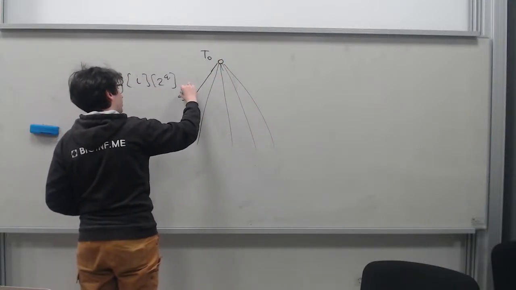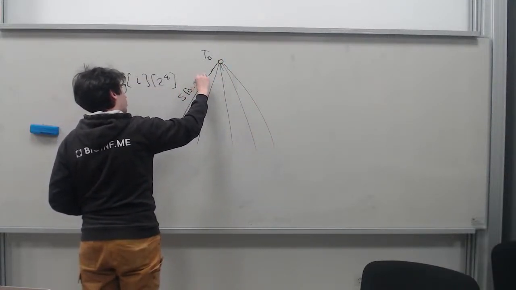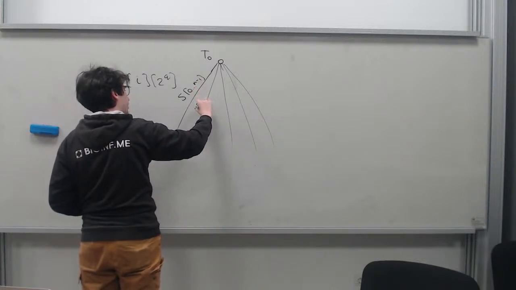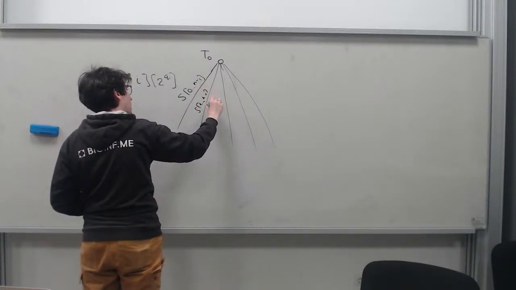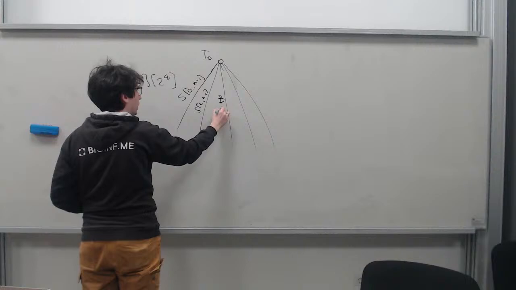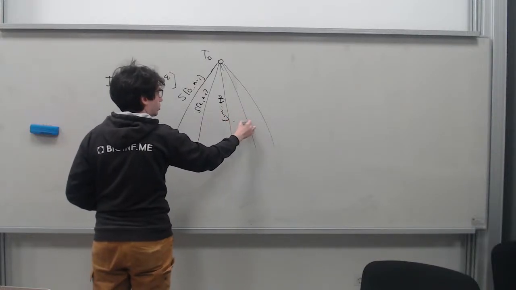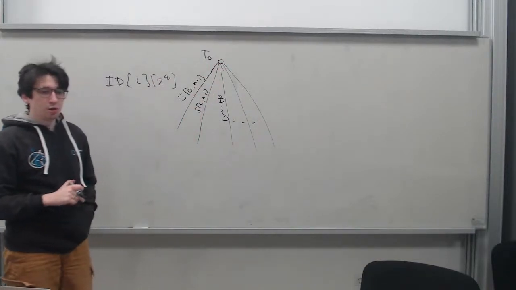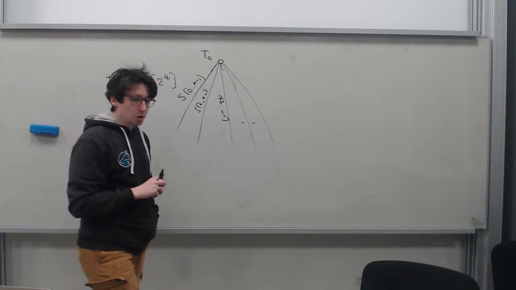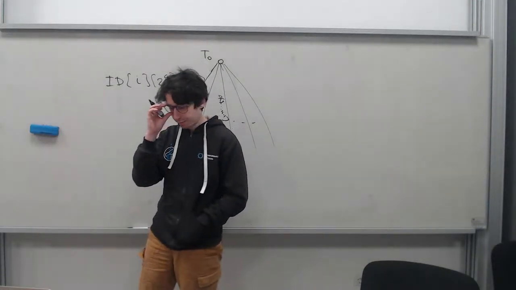So this is the string from 0 to n minus 1. This is the suffix from 1 to n minus 1. This is the suffix from 2 to n minus 1, and so on and so forth. So the root has n children.